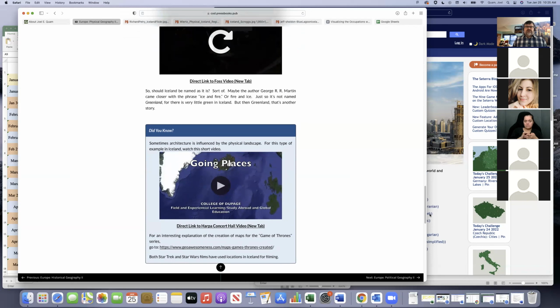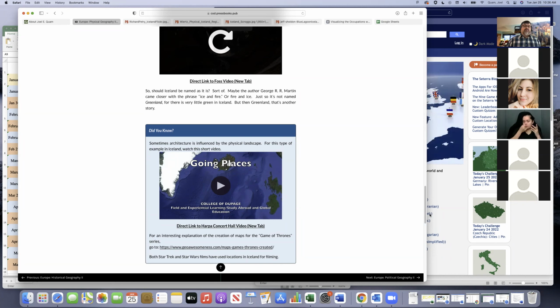Almost all the chapters have a blue box at the end, a blue box called Did You Know? The Did You Know box is designed to be sort of peripheral, connected in a different way to the chapter itself. So it may be a bonus fact about the chapter. It might be something that's not exactly about the chapter, but is sort of related somehow.